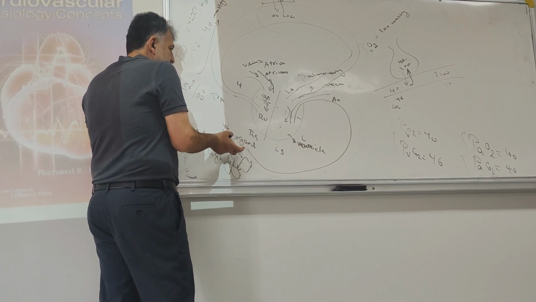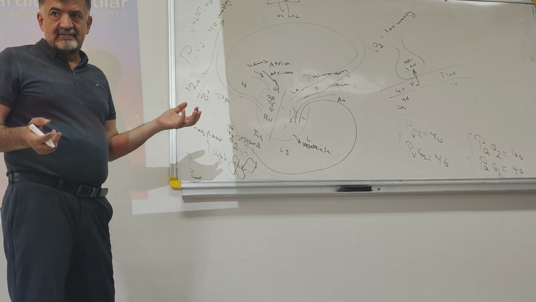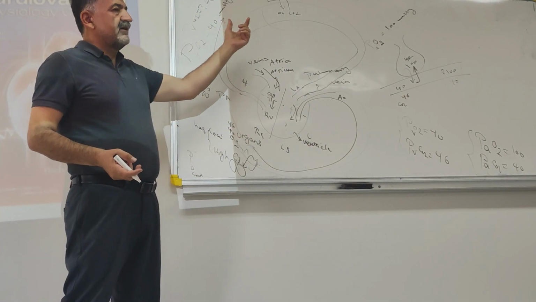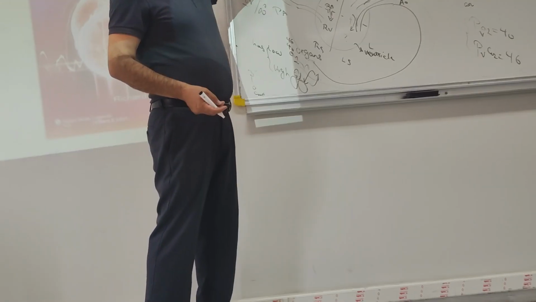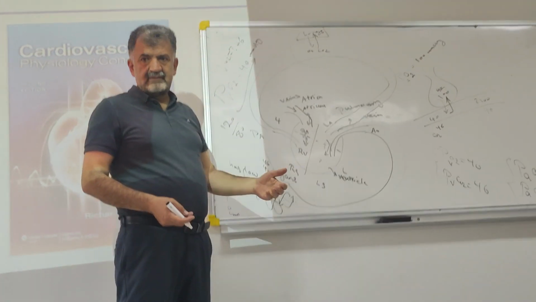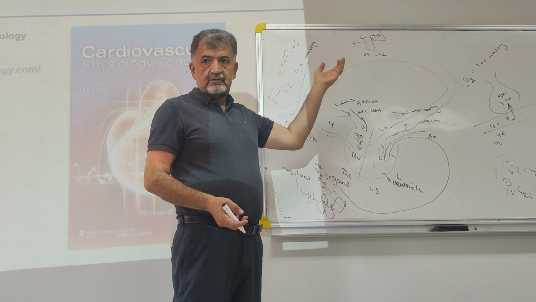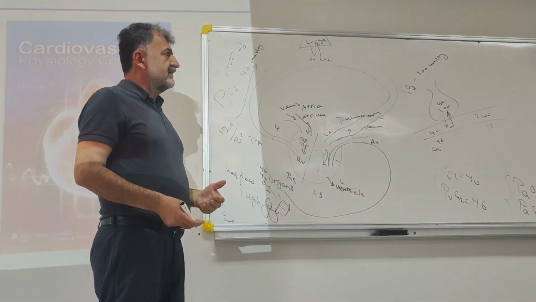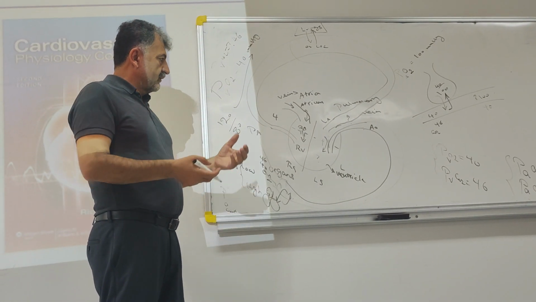After these capillaries, your blood is venous blood. The main function of the lungs is giving oxygen to the venous blood and taking the CO2 out of it, when we say refresh the blood in the lungs.